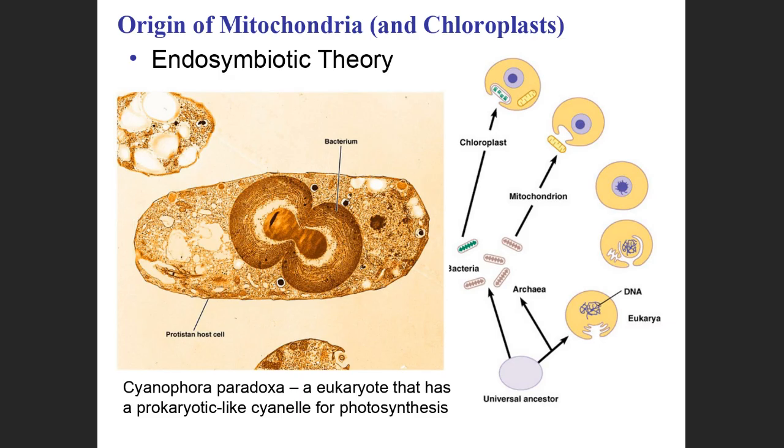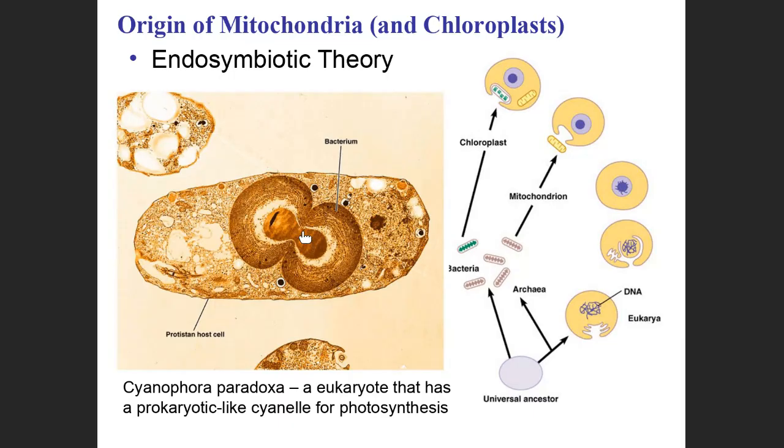A real-life example that exists today is this organism here called Cyanophora paradoxa. It's a paradox because it's a eukaryotic protist, so a eukaryotic organism, which has a prokaryote or prokaryote-like organism living inside of it, which happens to be dividing in this image.